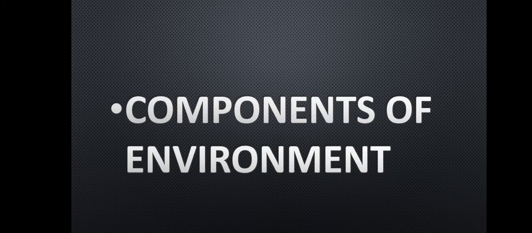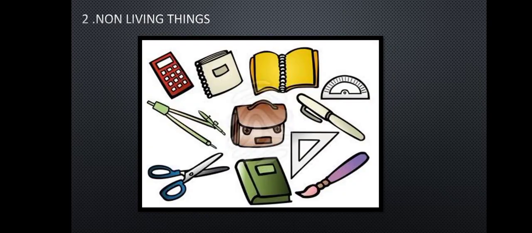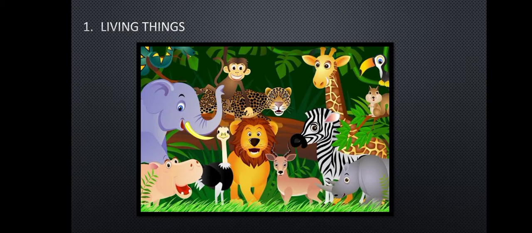Components of environment. Our environment consists of two types of things. Number one, living things. These living things include different types of animals and also plants. Living things include human beings, plants, and animals.